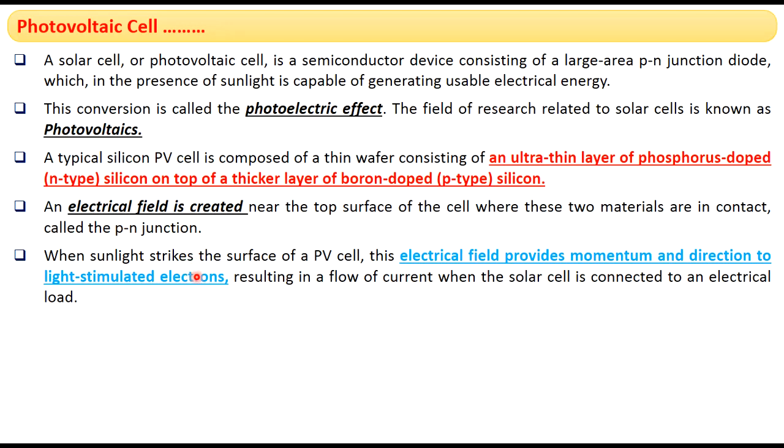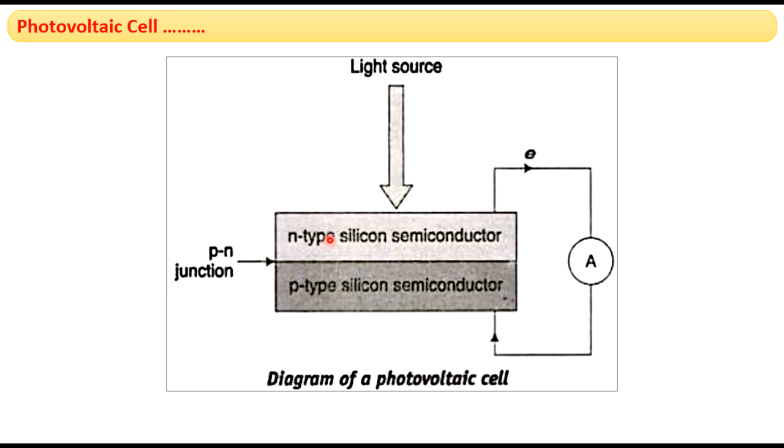When sunlight strikes the surface of the photovoltaic cell, the electrical field which is present at the junction of the two materials, p-type silicon and n-type silicon, will provide momentum and also direction to the light stimulated electrons. You can see in the picture, this is the n-type silicon semiconductor, this is the p-type silicon semiconductor, and this is the PN junction diode.